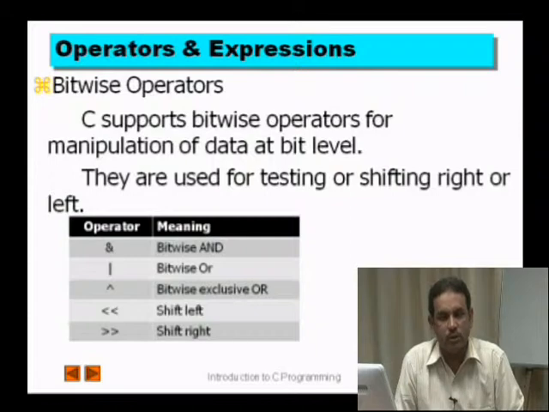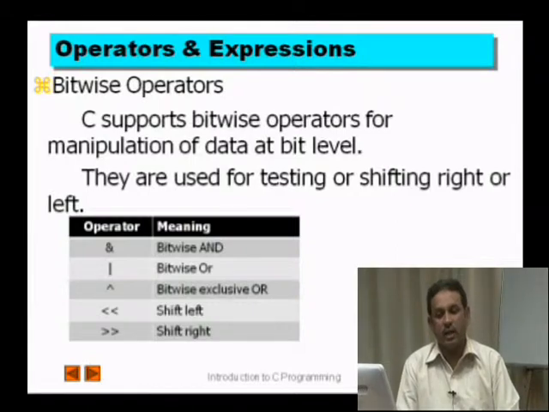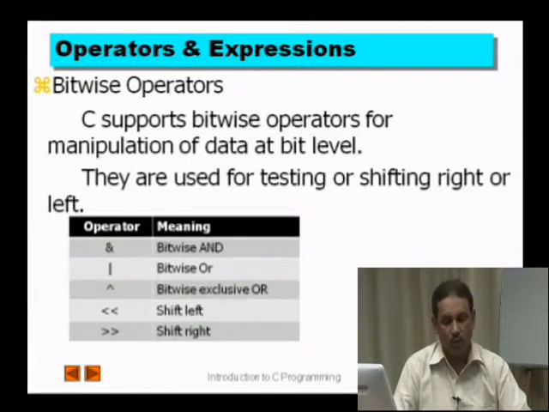So, the output of exclusive OR is 1 when both the inputs are different, one should be 0 1 or 1 0, then the output will always be 1. That operator we call a bitwise exclusive OR operator.